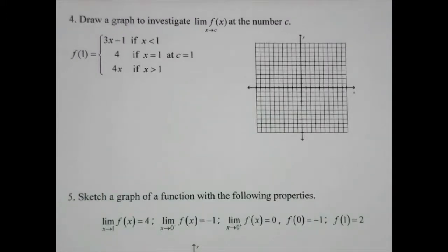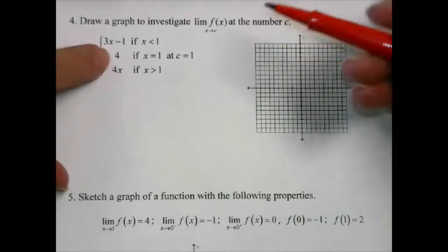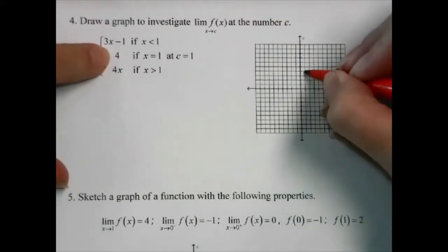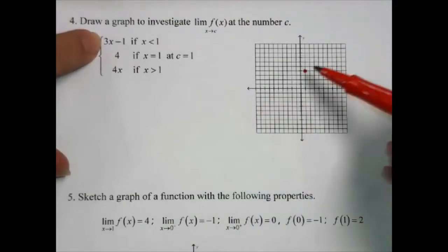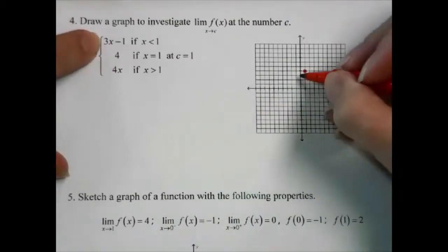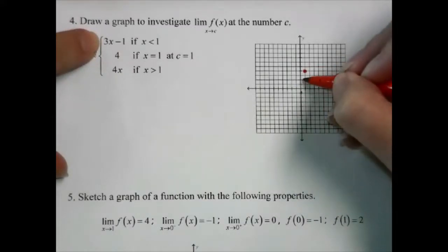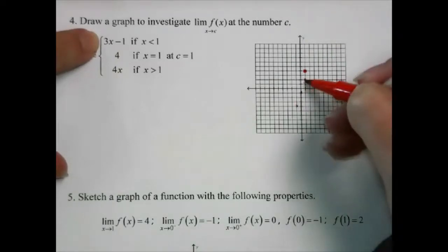All right, piecewise graphs. So we're going to find the limit as x approaches c, and c in this case is going to be 1. So we're going to draw this graph. I'm going to start with when x equals 1, we're at 1, 2, 3, 4. When x is less than 1, so this side of the graph, we're at 3x minus 1. So there's -1, up 3, over.